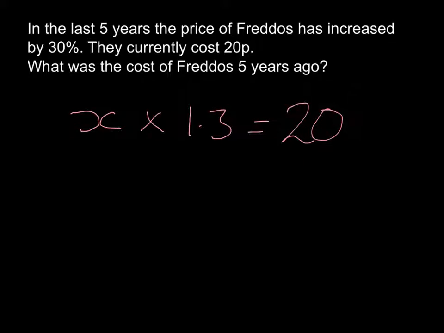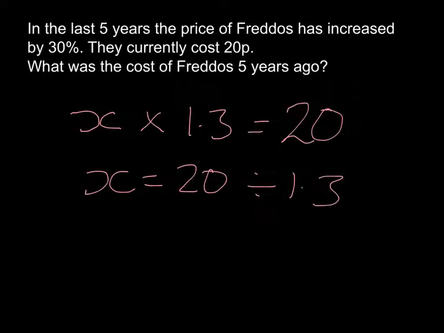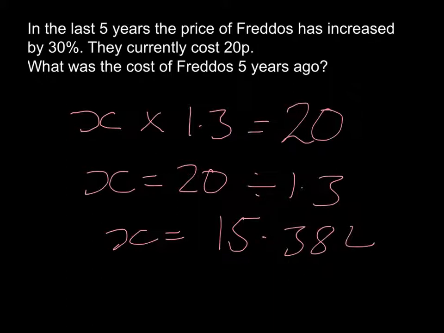Now, rearrange that, we get X equals 20 pence divided by 1.3, and typing that into a calculator gets us X equals 15.384 and that carries on the calculator. However, we're looking at money here, and money's rounded to the nearest pence, so that's just 15 pence for Freddos 5 years ago.